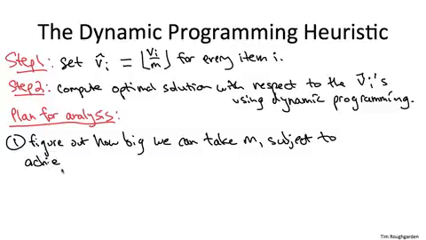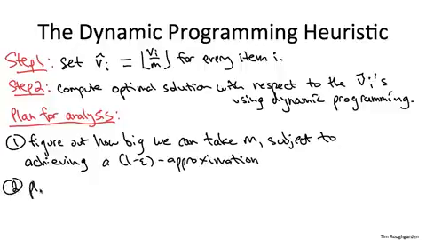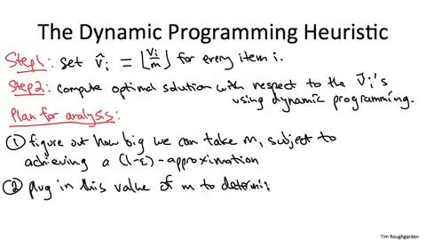So the first question we're going to study is, how large an m can we get away with while still being guaranteed to compute a solution within 1 minus epsilon times that of an optimal one? Once we understand how aggressive we're permitted to be with the scaling, we'll then evaluate the running time of the resulting algorithm for that particular choice of m.